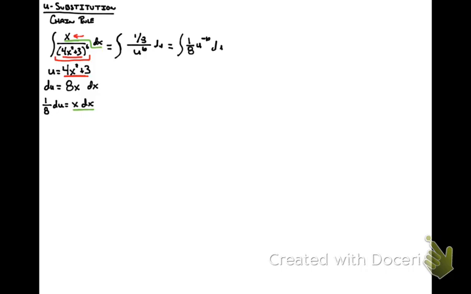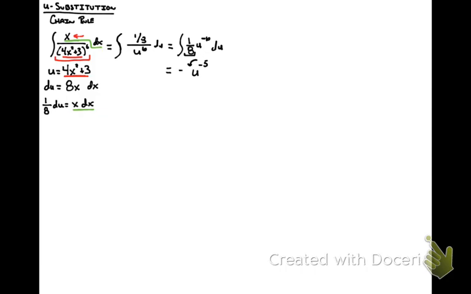And this is a lot easier to integrate because now I just need to think in terms of power rule. I know that something to the negative 6th power came from something to the negative 5th power. And I know that when I take the derivative of u to the negative 5th, it's going to drop down and be multiplied by a constant. 1/8 doesn't have negative 5 present, so that means it must have been divided out.